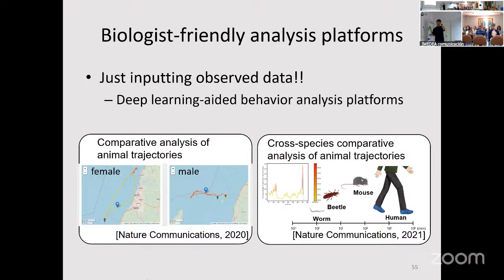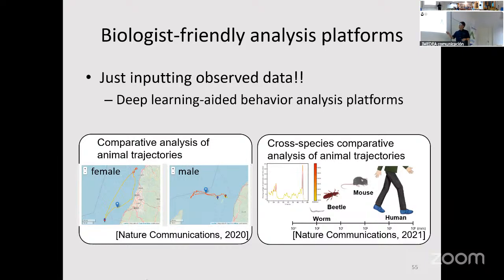We are developing a biologist-friendly analysis platform. Our ultimate goal is that just by inputting observed data, we output meaningful results. And this is an example of our analysis platform.